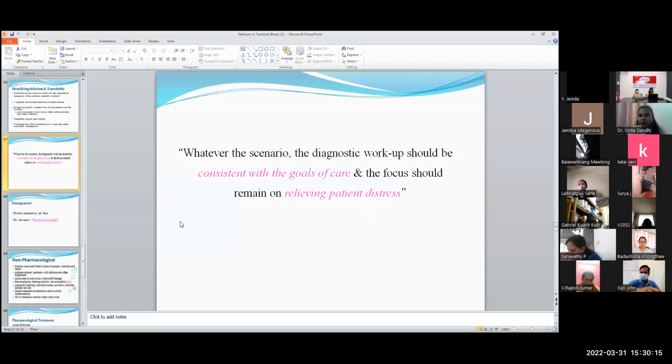If that is not the case, then yes, get it done. So the diagnostic workup for delirium, or any other symptom, should always be consistent with the goal of the care you are providing.